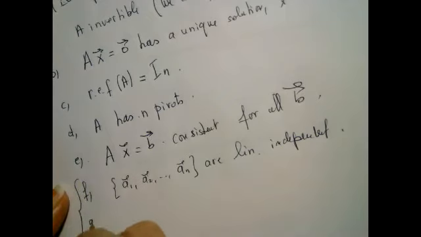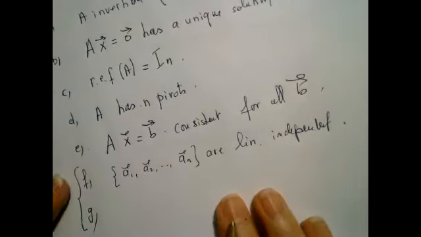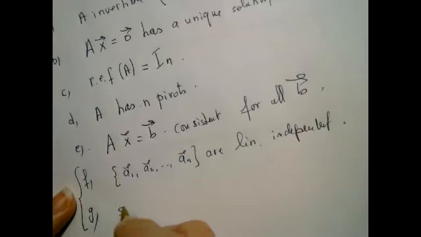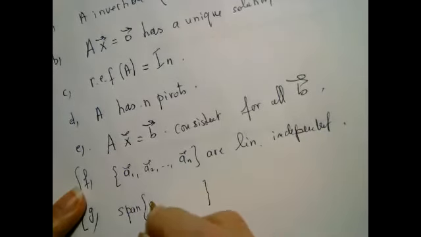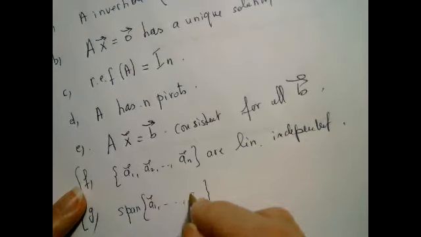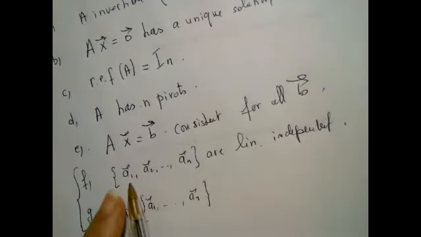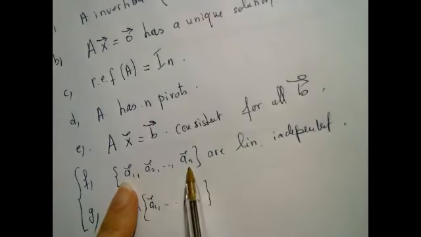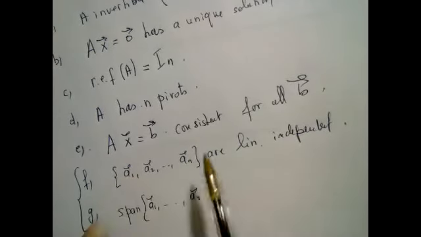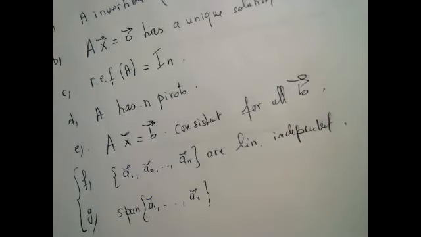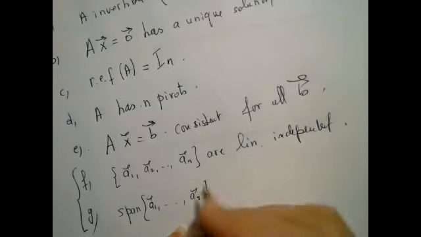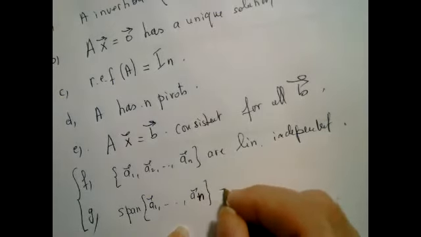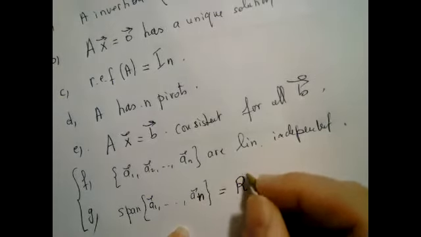And the last piece of the theorem tells me that if I take all linear combinations of the columns, these are n, let me emphasize, now the columns of A are n vectors in Rn. So it means we have n vectors, and each vector has dimension n. Then the span of it is everything.